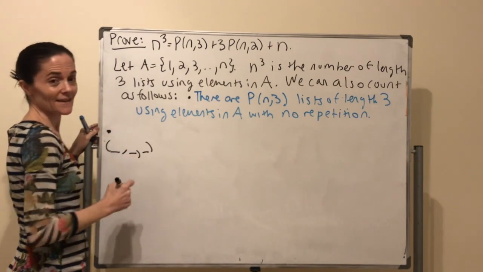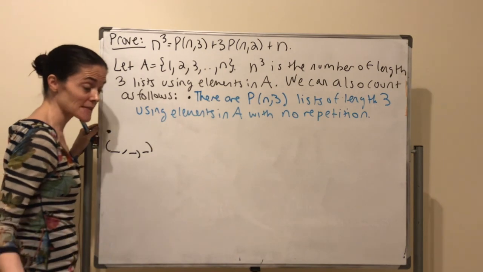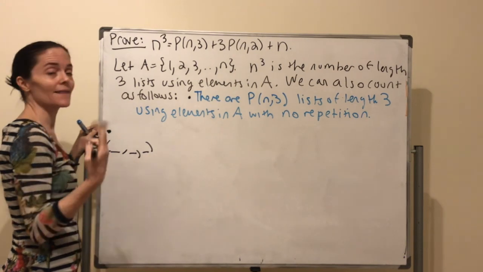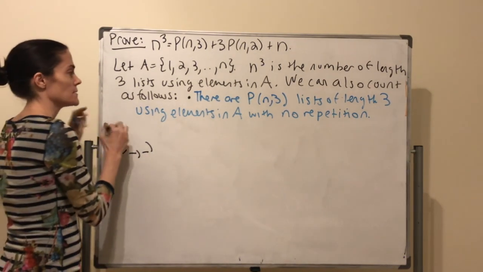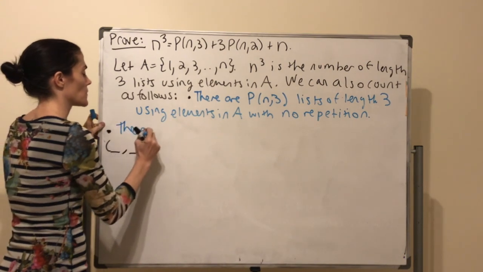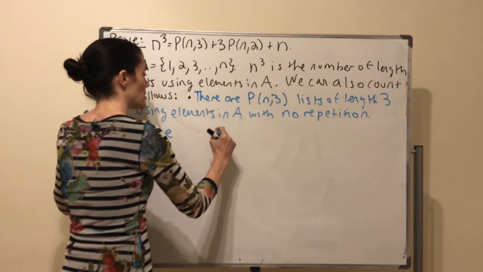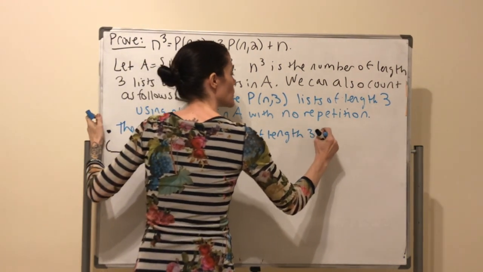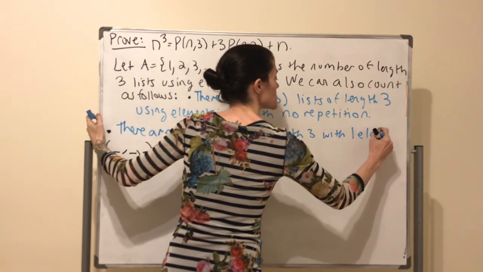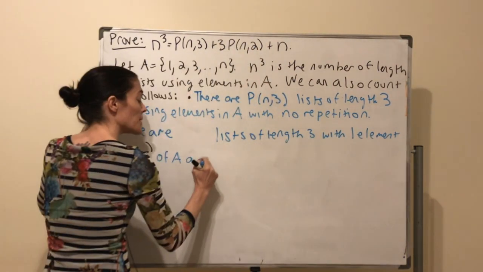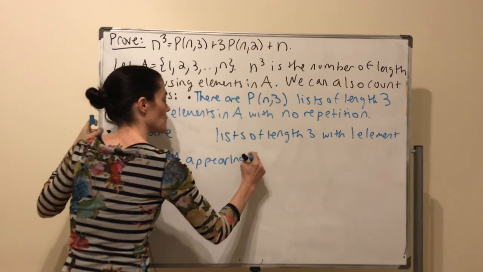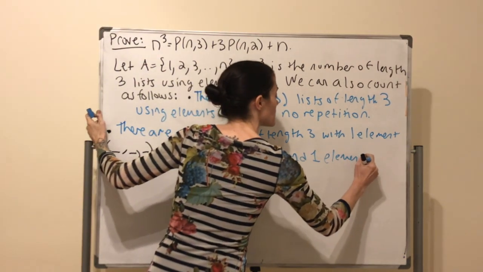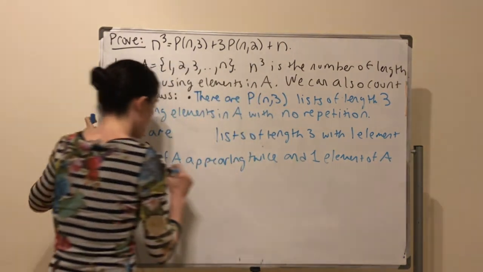We have elements from A. Another possibility is we have one element that appears twice in the list and then a second element that's distinct. So there are, and I'll leave a blank, lists of length 3 with one element of A appearing twice and one element of A distinct.